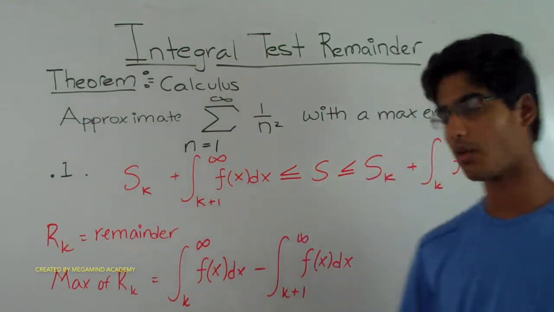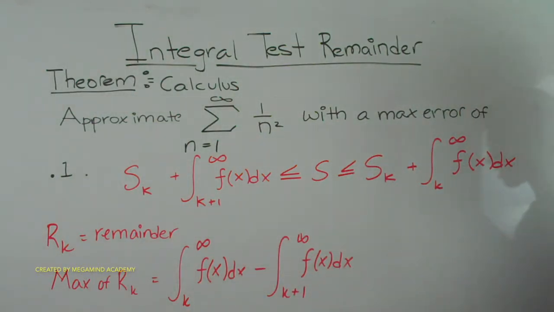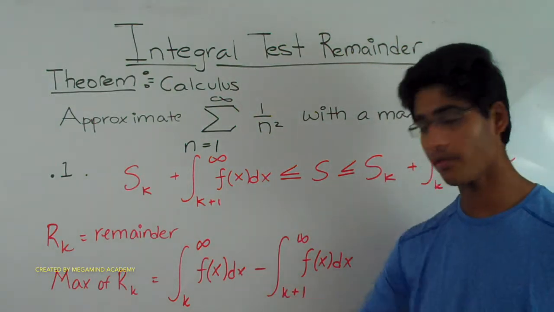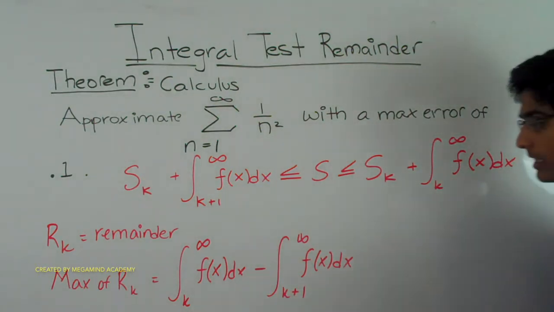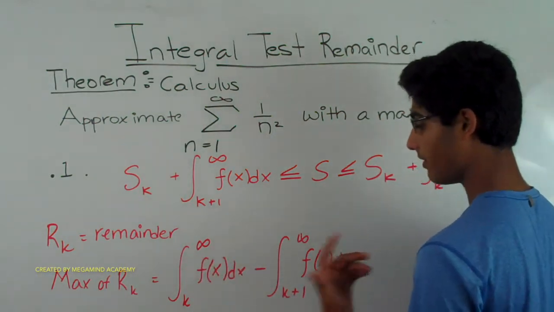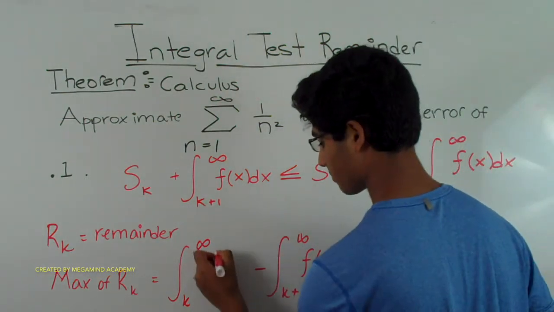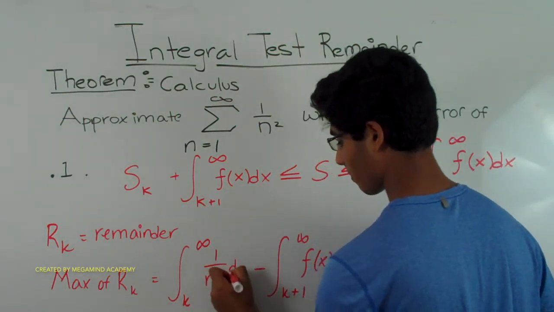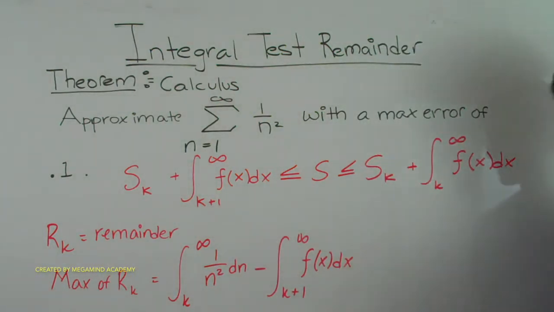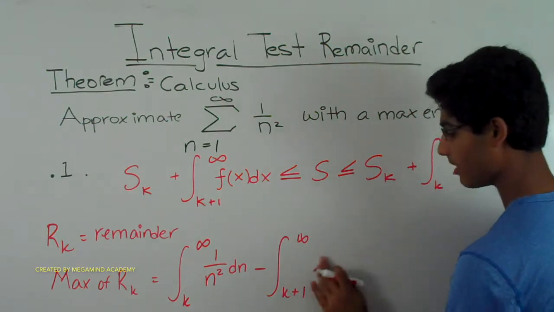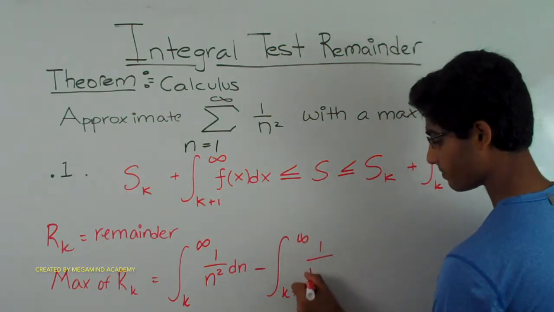I know this sounds confusing in words, so let's just solve it in our problem. Instead of erasing this, let's plug in our values. The maximum value of r sub k would just be the integral from k to infinity of f of x dx, which is 1 over n squared dn, minus the integral from k plus 1 to infinity of 1 over n squared dn.